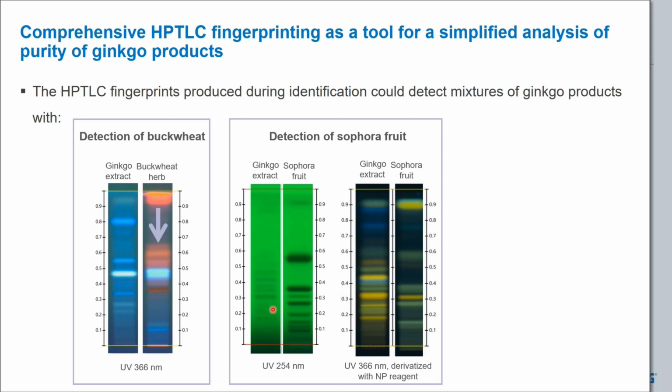And to verify this, a second detection after derivatization can be taken into account. After derivatization of the sample with natural product reagent and exposure to long-wave UV light, adulteration with Sophora fruit will be seen by green fluorescent zones, not present in a Ginkgo fingerprint.